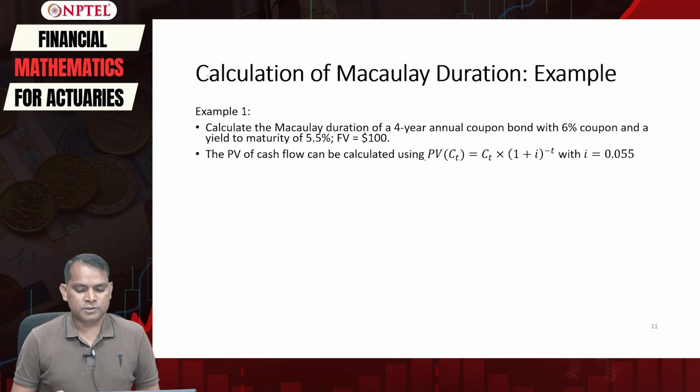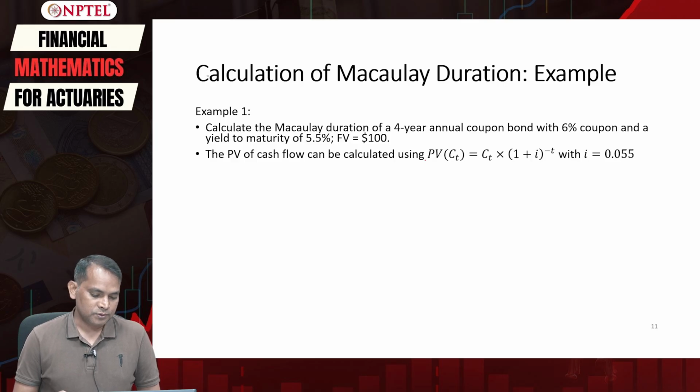Calculate the Macaulay duration of a 4-year annual coupon bond with 6% coupon and a yield to maturity of 5.5%. So, we have understood that the face value of this bond is 100.